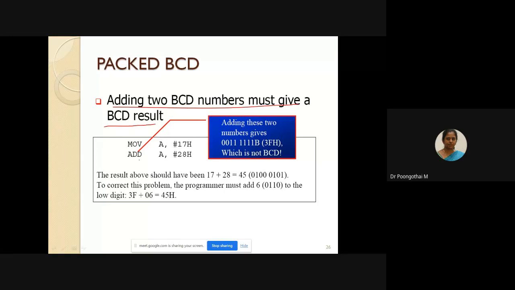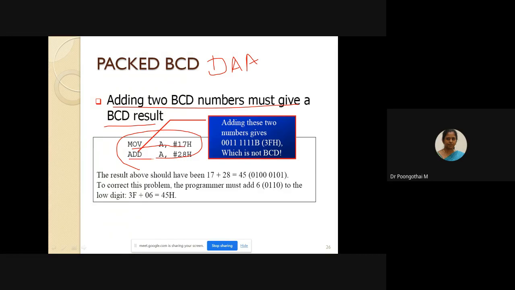But according to the 8051 instruction, after adding packed BCD numbers, the result is no longer BCD. So we have to convert this number into the exact BCD format. For that, we have to use the DAA instruction, decimal adjust accumulator.